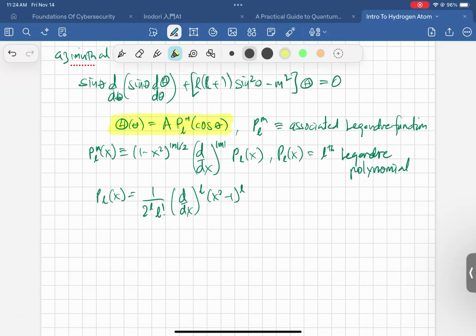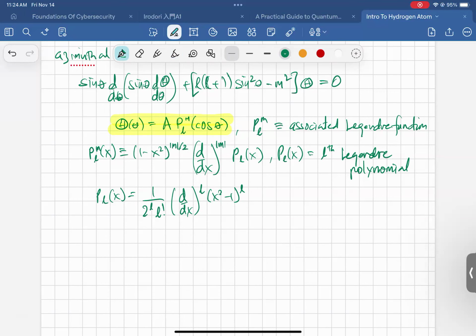Okay, so sige, tignan natin kung ano yung first few polynomials dito. So let's say for L equals 0. Okay, ano ang makukuha nating Legendre polynomial? Siyempre, kailangan muna natin kunin yung Legendre polynomial bago yung associated Legendre function, right?